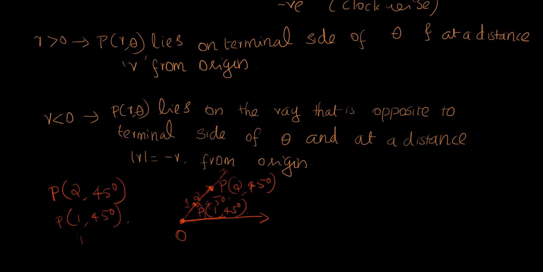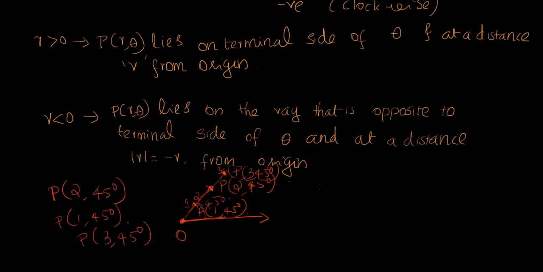What will happen to P(3, 45 degrees)? Firstly, take an angle of 45 degrees, draw a ray. Next, find the distance 3 from the origin. Here that is 3. This is the point P(3, 45 degrees).